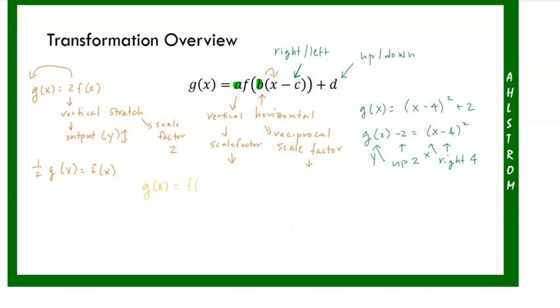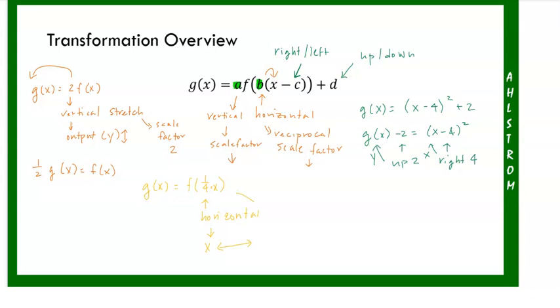In that same aspect, if I had g of x equal to, for example, f of 1/4 x, notice that that is going to be a horizontal dilation, because literally you are multiplying the x. And an x value is traditionally on the graph a left and right value, and so that is a horizontal.